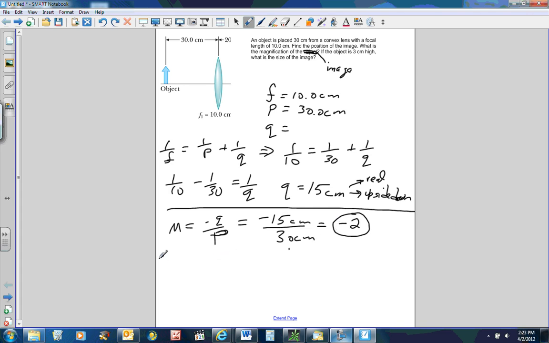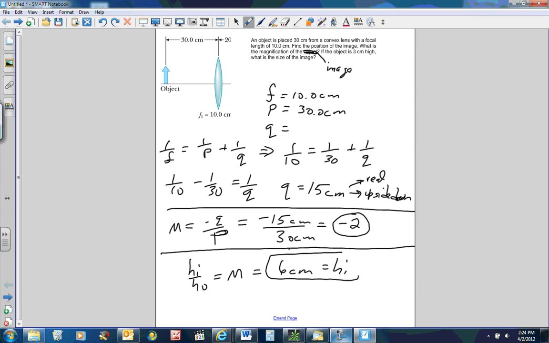And so the third part of this is, what is the size of the image if the object is 3 centimeters high? Well, that's going to be HI over HO equals magnification, which in this case is 2. So that means that the image is twice the size of the object, so HI would be 6 centimeters. If the object is 3 and the image is twice, then the image would be 6 centimeters.